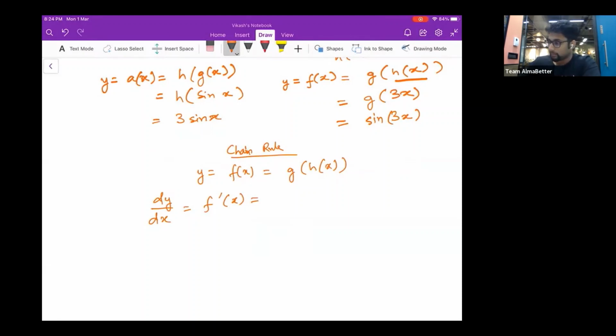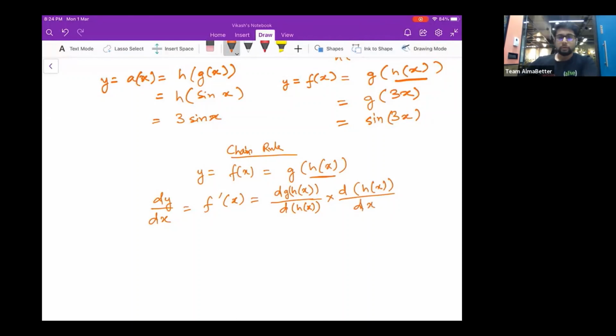This is quite simple because you take this as a whole. And then you take the derivative of h(x) with respect to x.